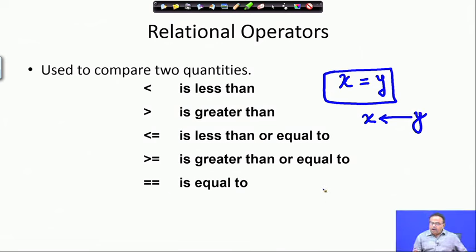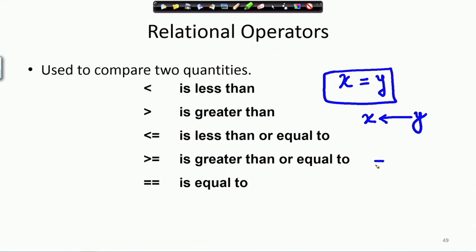So, how do I compare whether these two variables are equal or not? For that, C provides this technique of using two consecutive equality signs to show whether x is equal to y. All right.